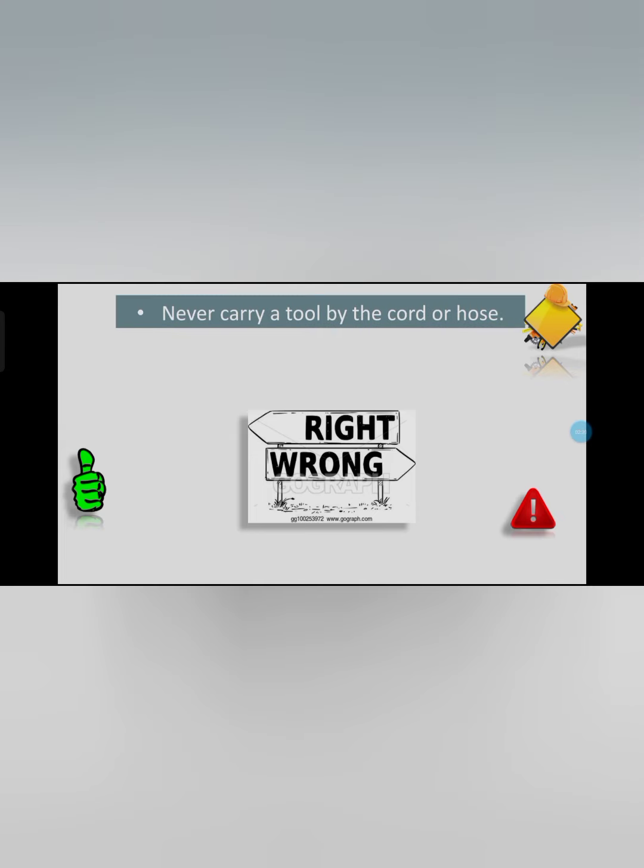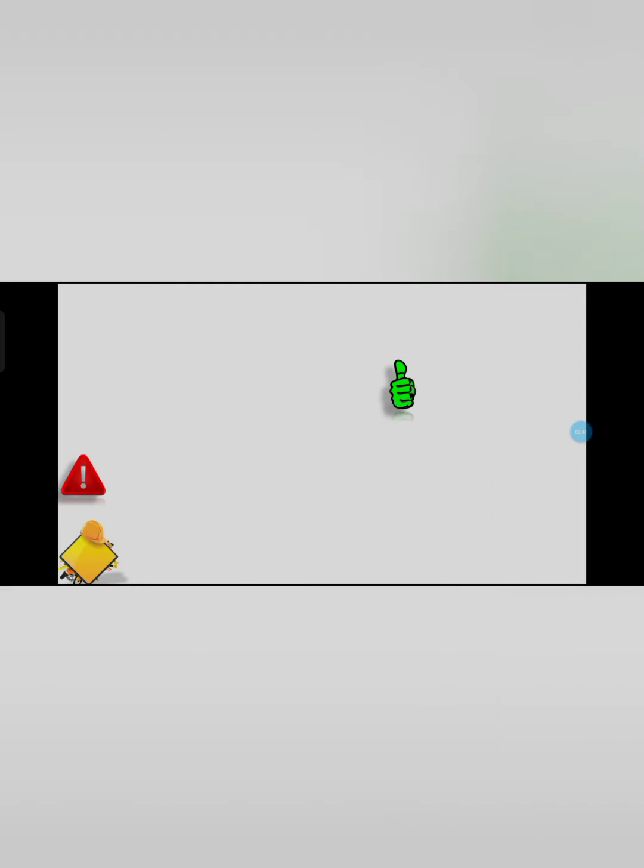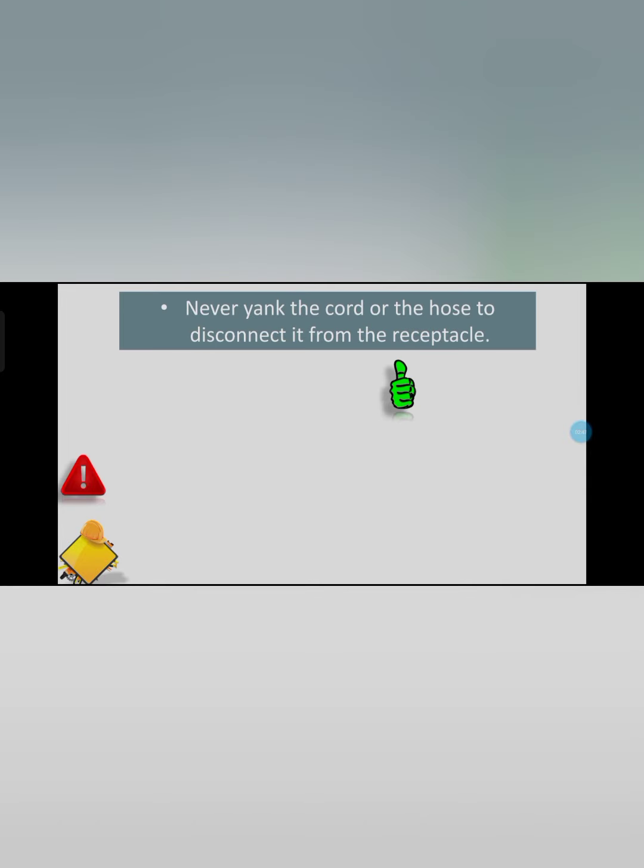That is wrong. The right thing to do is carry the tool by the handle. Next, never yank the cord or the hose to disconnect it from the receptacle.